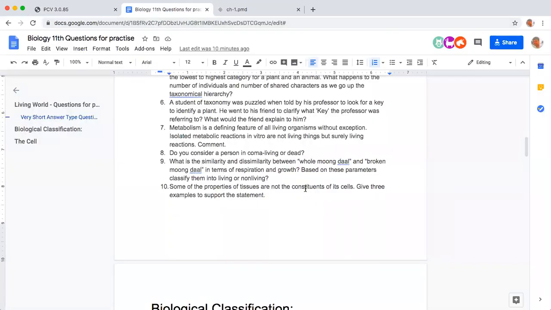Properties of tissues are not constituents of its cells. Give 3 examples to support the statement. What can you give? You have to give such that a tissue is there, and the property of the tissue is different from the property of the cells that are making it.